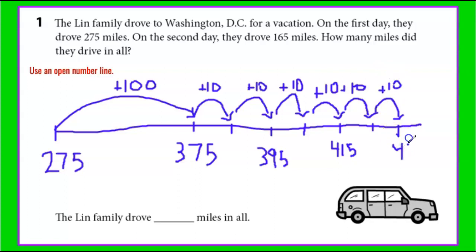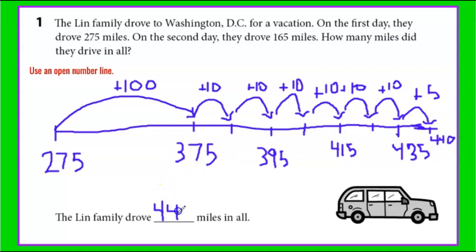I need 5 more. And then I'm at 440 miles. Sorry, I had to extend my line a little bit. Plus 5 to get to 440 miles. Excellent. Third strategy, same amount of miles.